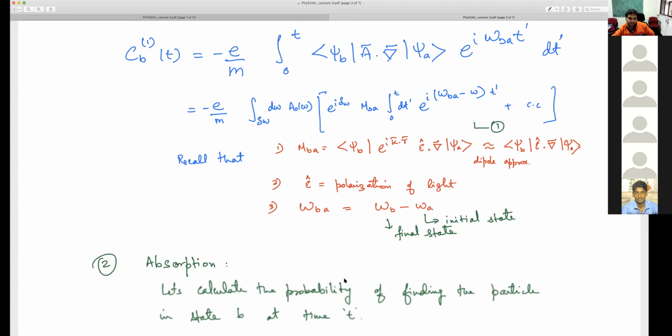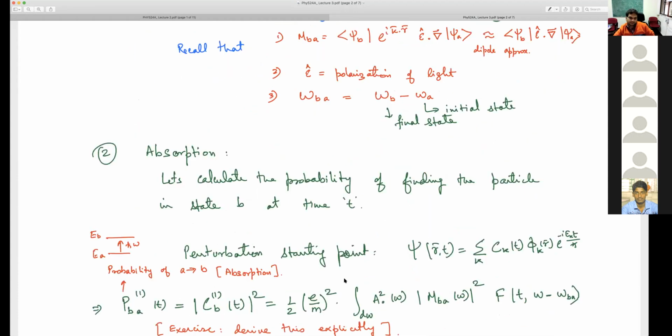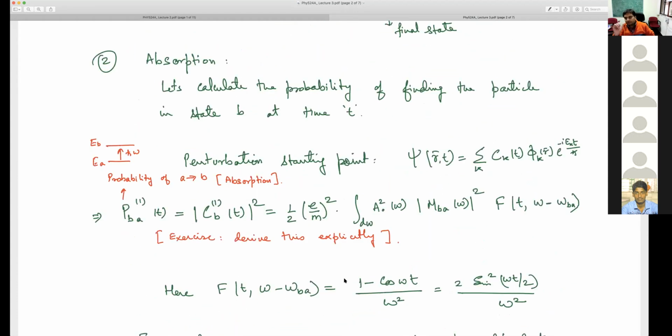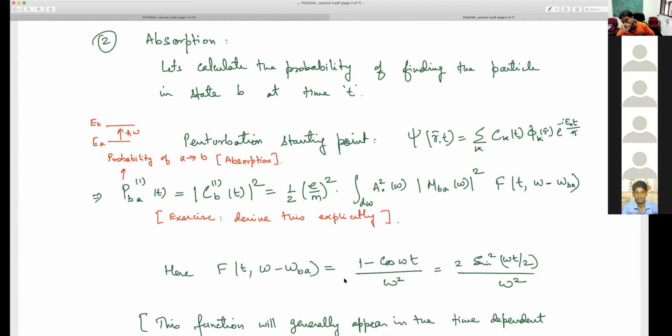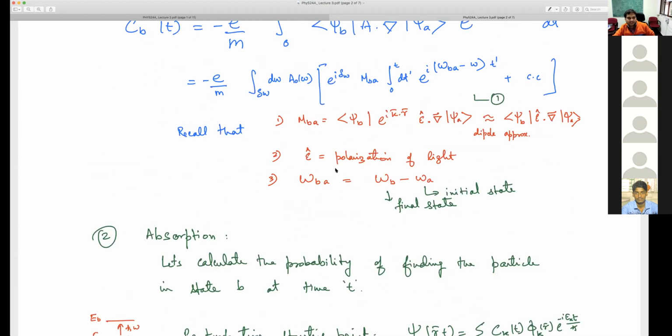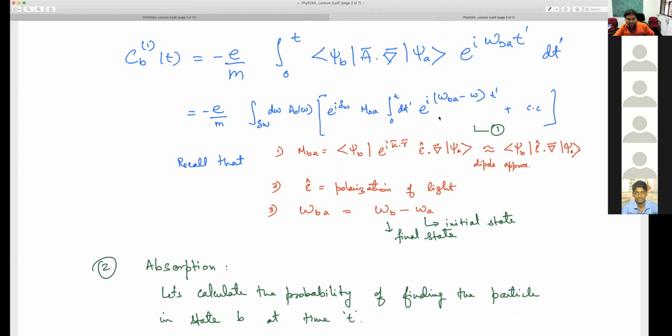Quickly reviewing: we solved the first order perturbation theory. We took one part of the solution which talks about transitions from A to B. So this picture is useful: I start from EA, I go to EB. I had to take a mod square of the wave function amplitude to calculate the transition probability.